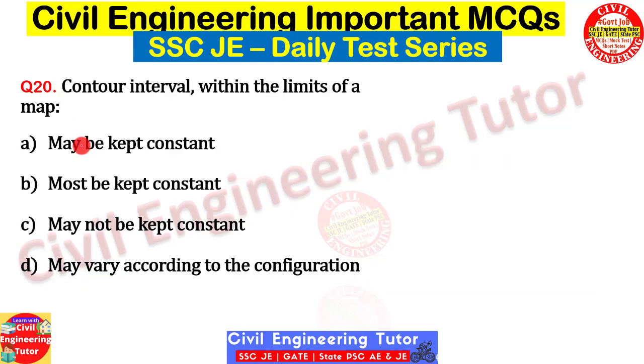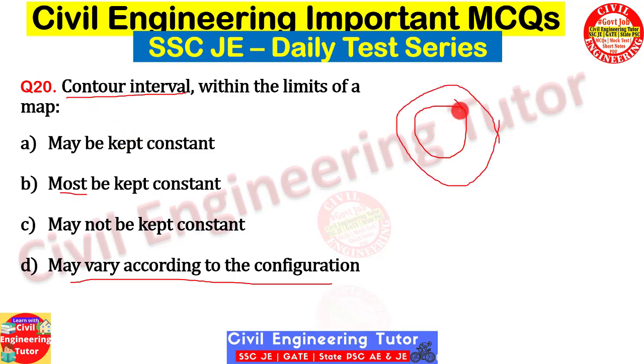Okay. So final question: contour interval within the limits of a map may be kept constant, must be kept constant, may not be kept constant, or may vary according to the configuration. From the term itself you can understand that contour is the line of equal depth or height, and contour intervals are lines of constant intervals.